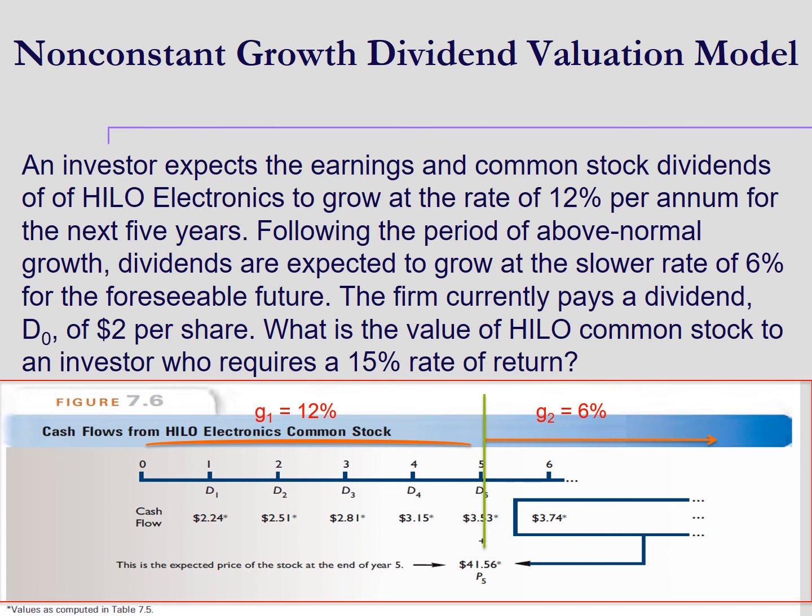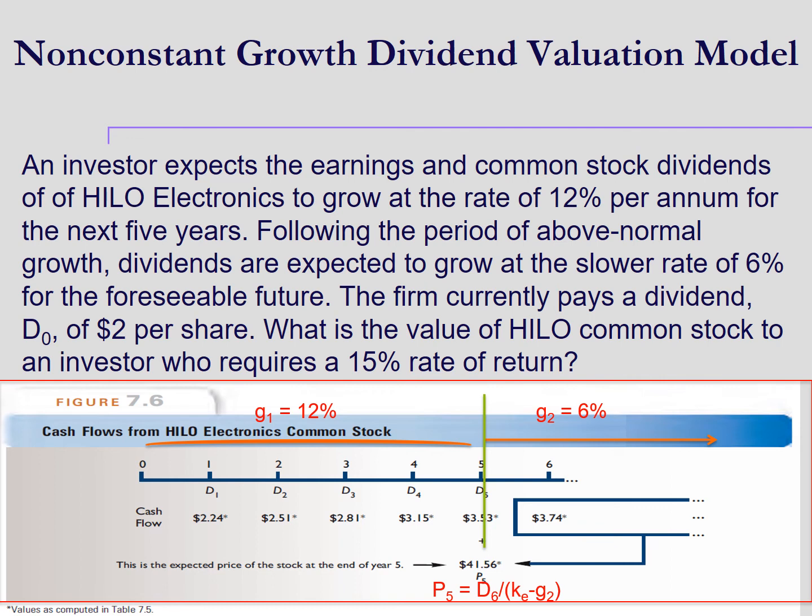We see that we actually have a constant dividend growth case, with the constant dividend growth rate being 6%. We can apply the constant growth dividend valuation model to obtain the price at the end of year 5. P5 is equal to D6 divided by the required rate of return, KE minus G, the dividend growth rate.